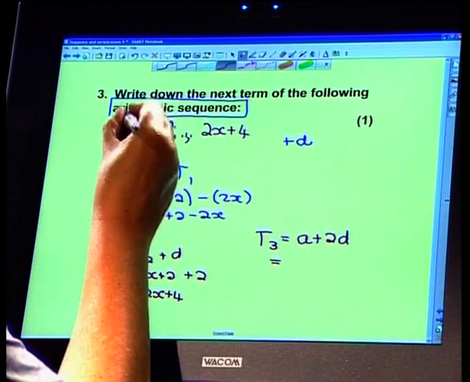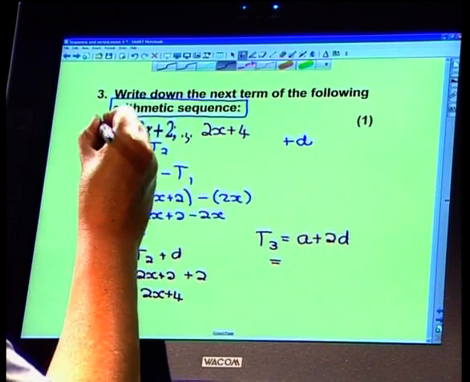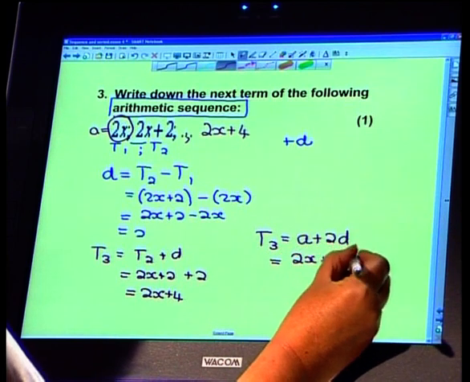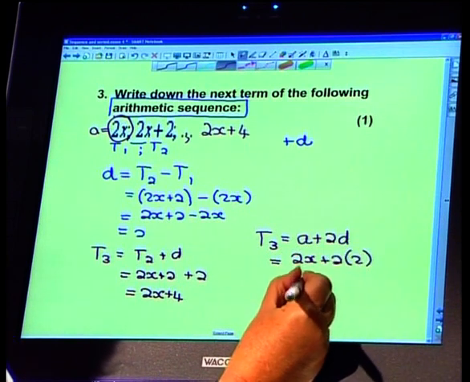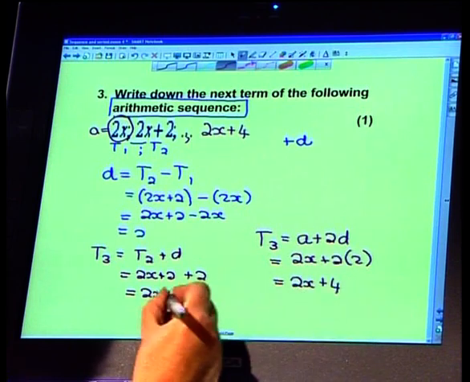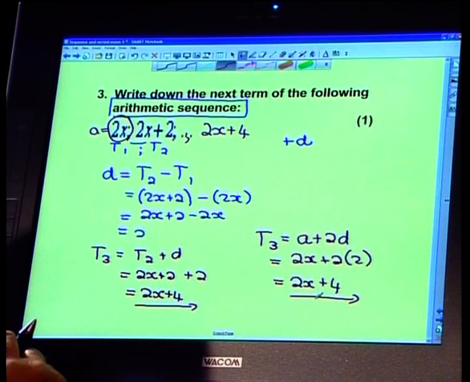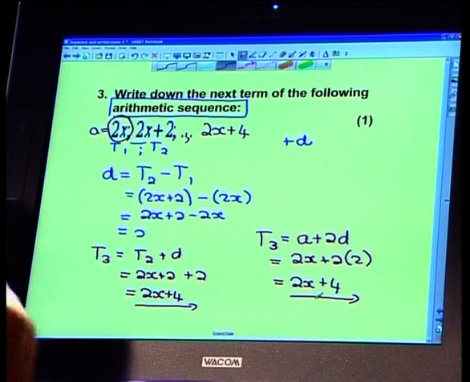The a is the first term, so that would have been the 2x. So I would have gone 2x plus 2 times the difference, which is 2, which is 2x plus 4. You can see the answers we get are absolutely identical. So we can think of it as term 2 adding on a difference, or we can go fresh from start and say term 3 looks like a plus 2d. Let's replace our a, let's replace our d. Right, let's have a look at the next one.